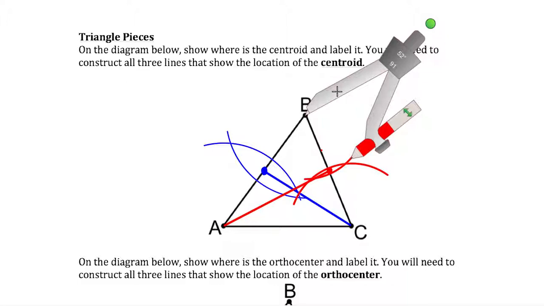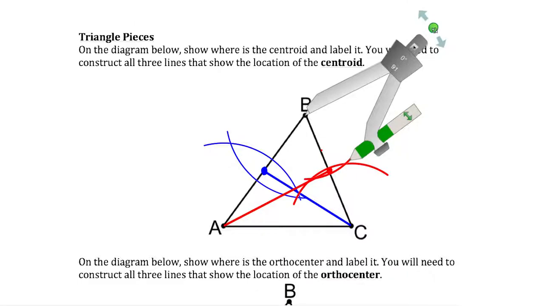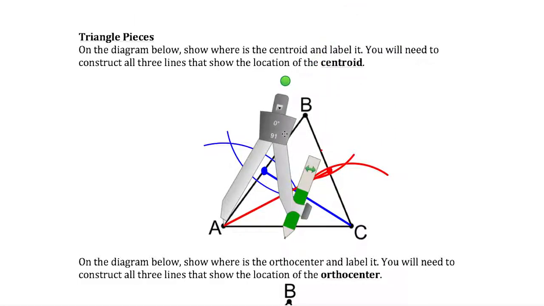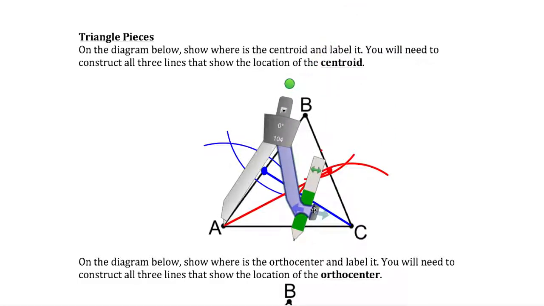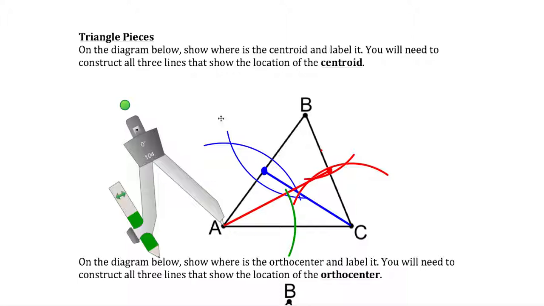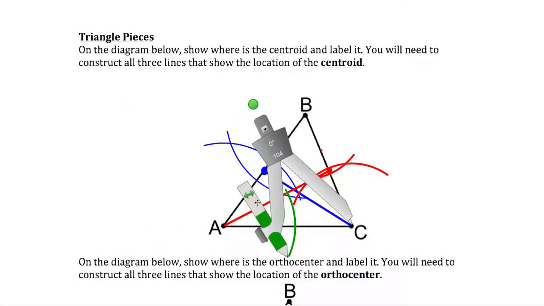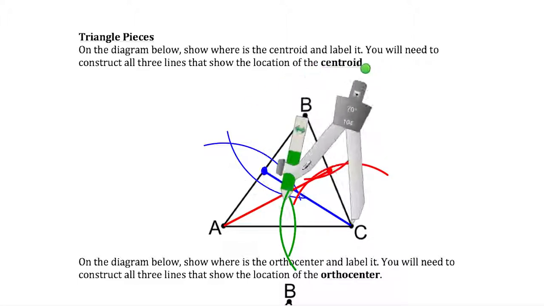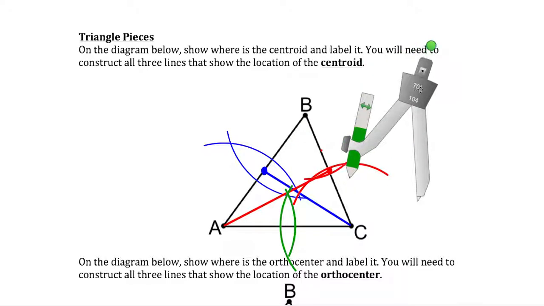And now I can already see that the intersection of these two is going to be the centroid, but let's just find that third side for good measure. In order to do that, I need to find the midpoint of this bottom side, AC. That looks about good. Draw. There we go. Cut it just a little bit too short, but it's all right because I can still see this intersection point.